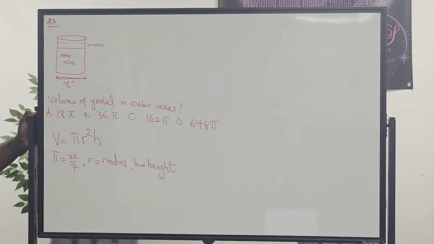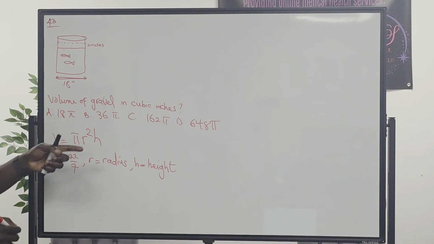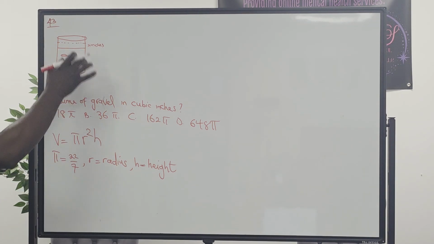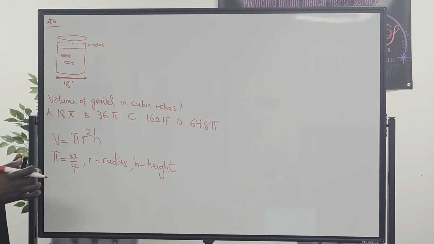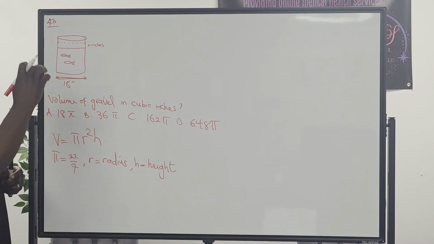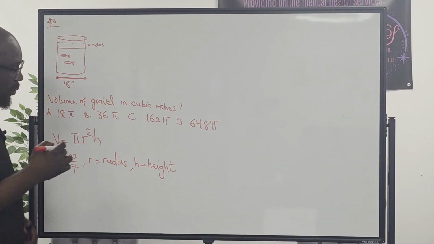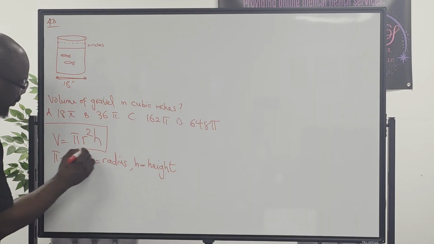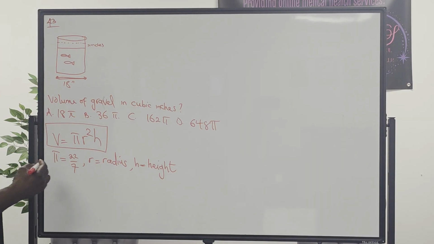Mind you, they're asking us to calculate the volume of the gravel, not the volume of the tank itself. So this is the formula you're going to use to get your answer. So let's quickly solve this.